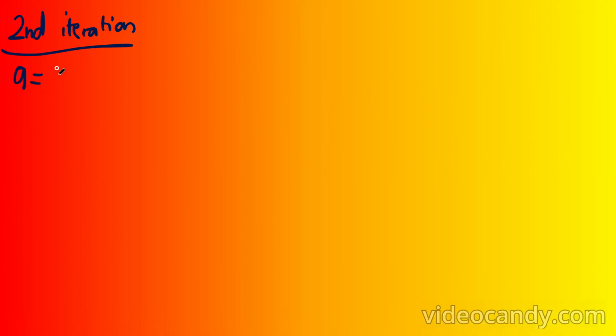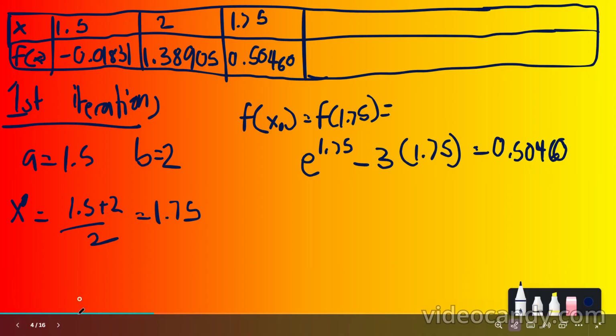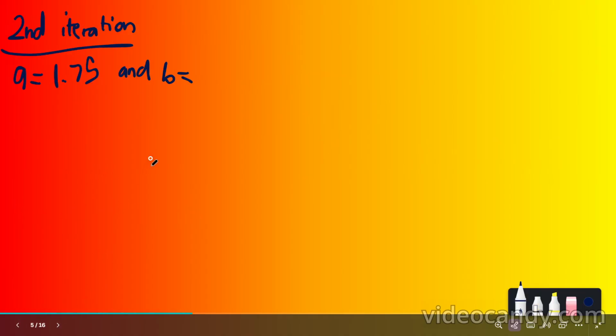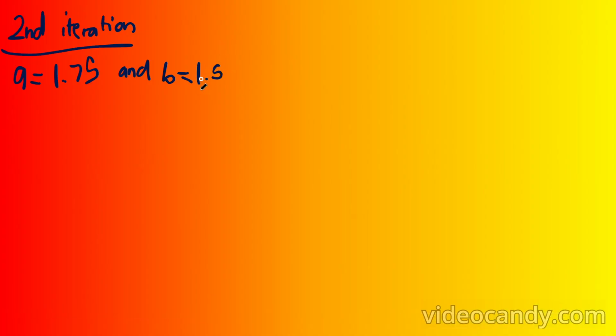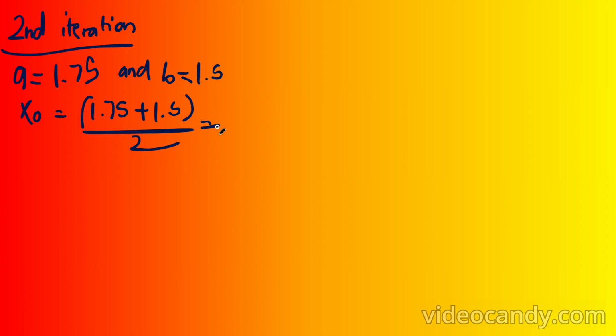So a is 1.75, and b is the old number, 1.5. Then x0 is (1.75 plus 1.5) divided by 2, and the answer is 1.625.